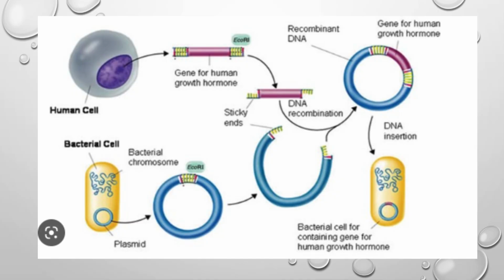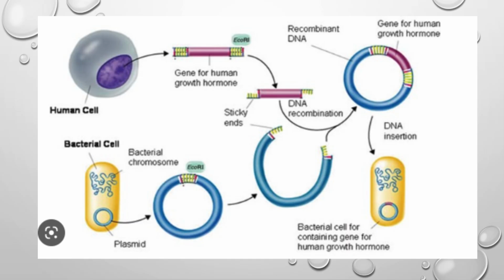Now, look at this picture. This picture shows how scientists make recombinant DNA, which means combining DNA from two different sources, and in this case, human DNA and bacterial DNA. Take a look at this human DNA or the human cell.